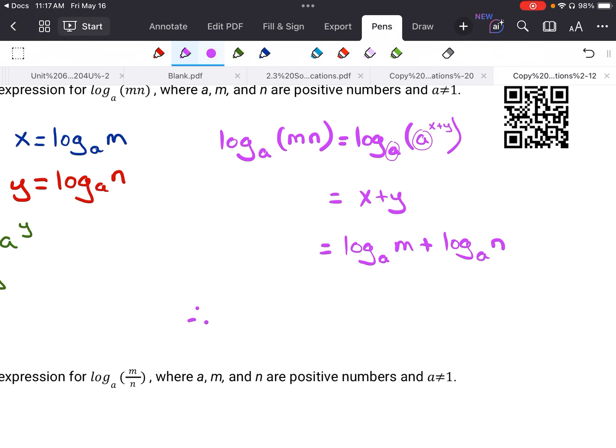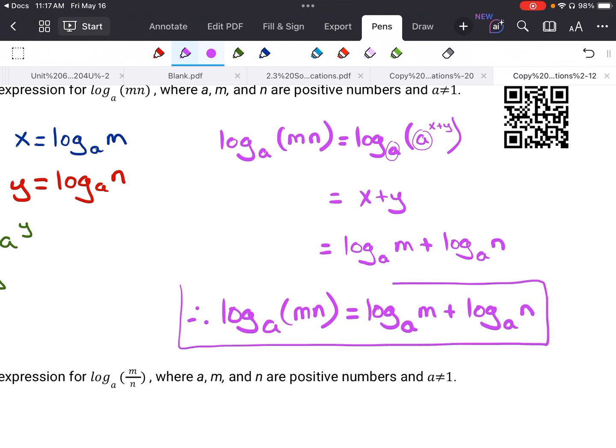Therefore, the log base a of m times n is equal to log base a of m plus log base a of n. That's going to be an important property going forward.